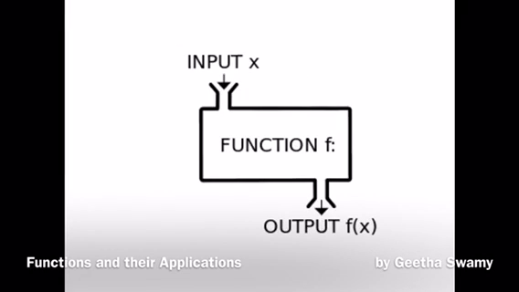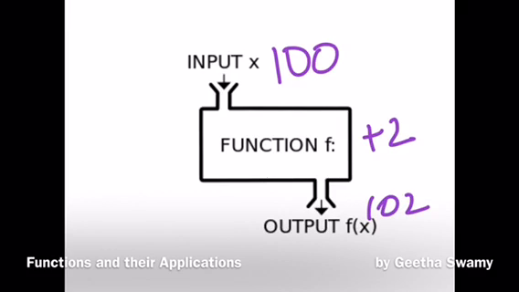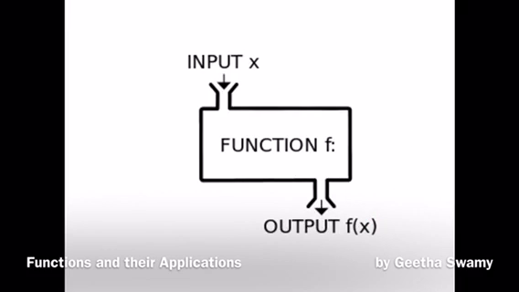Now let's say I put 100 into this function. The output will be 100 plus 2, which is equal to 102. Now I'm going to put in a variable x into this function. So the function now adds 2 to it, and what is my output? Well, you guessed it right.